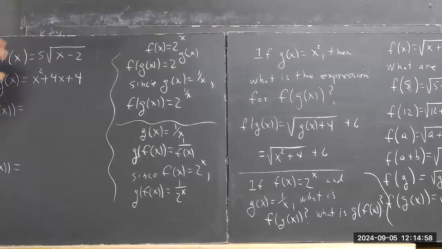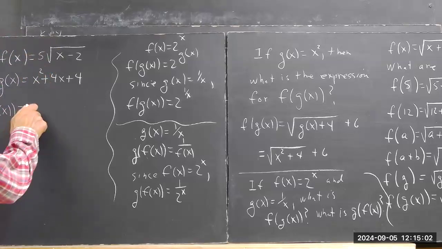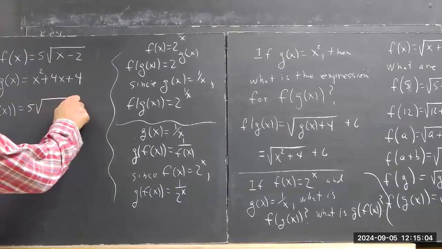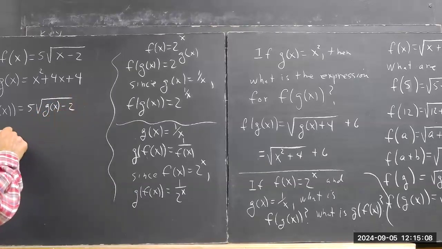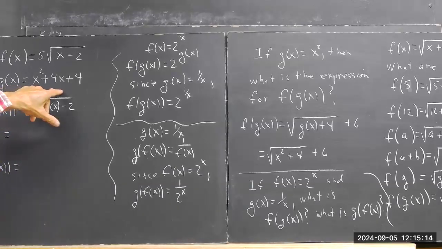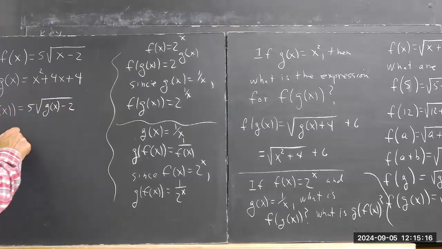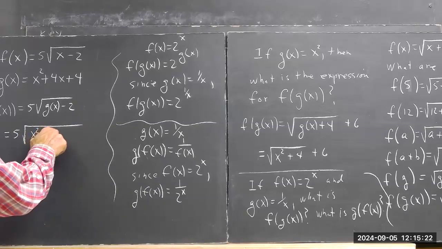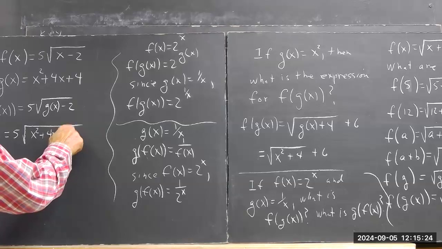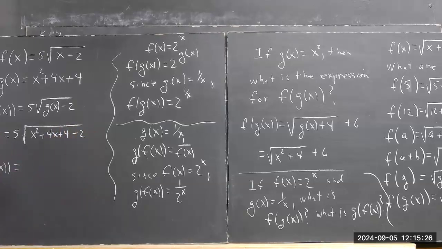So X has been replaced by G of X. We replace X by G of X: 5 times the square root of G of X minus 2. Now, G of X itself equals X squared plus 4X plus 4. This is just 5 times the square root of X squared plus 4X plus 4 minus 2.